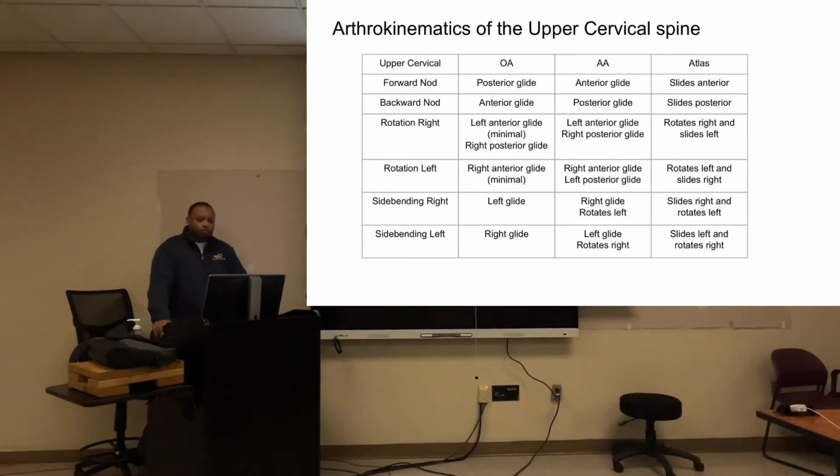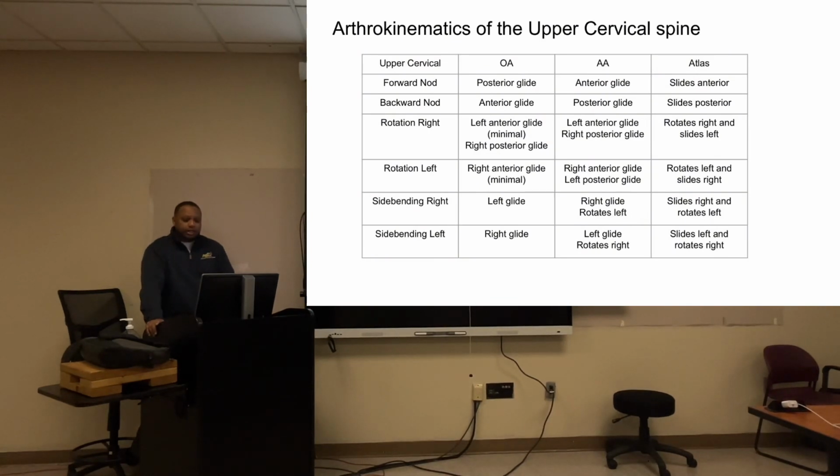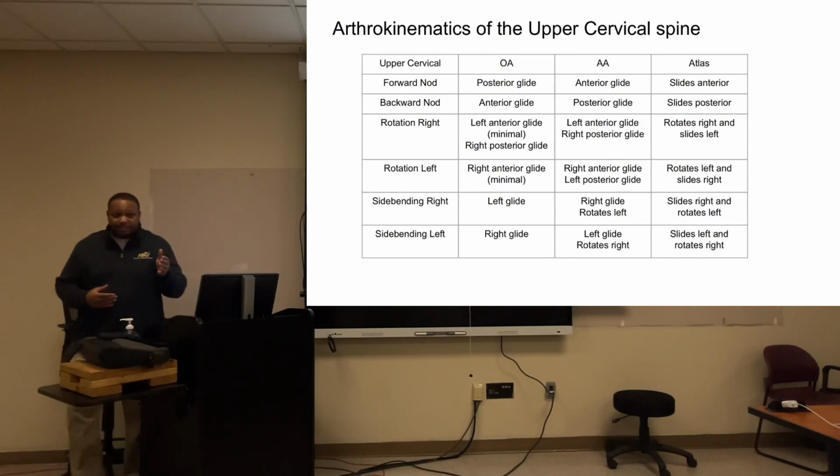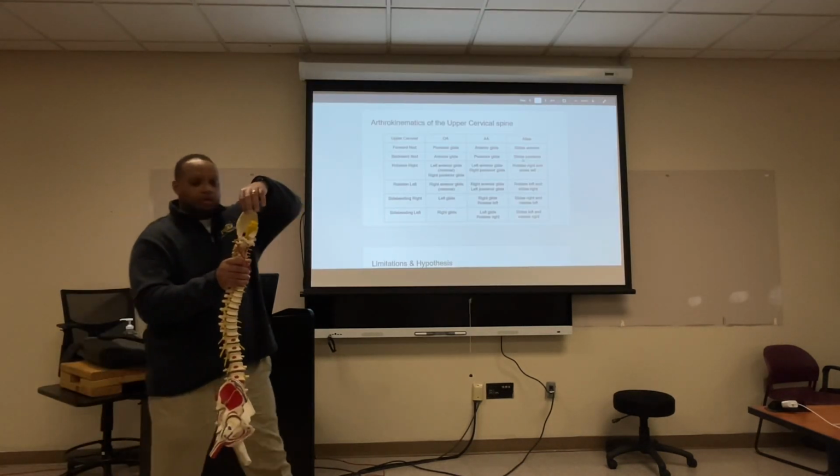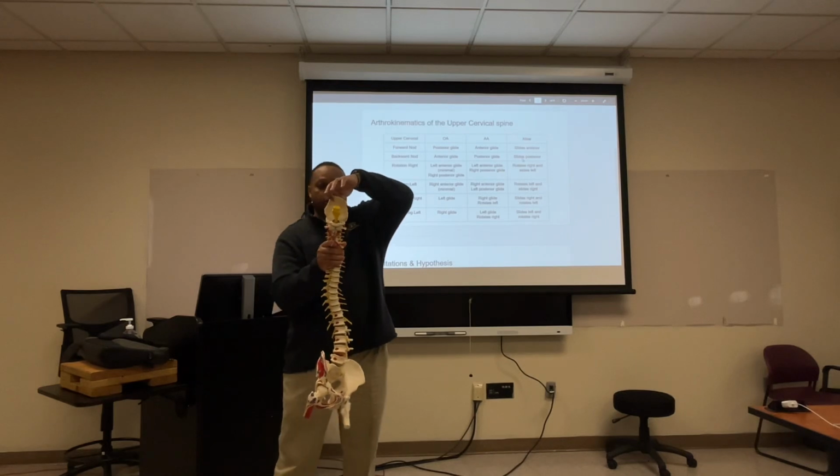So rotation right, at the OA, there's going to be a left anterior glide. So on the left OA, the left side, when I rotate to the right, so you visualize this, when I rotate to the right, so this is right rotation.